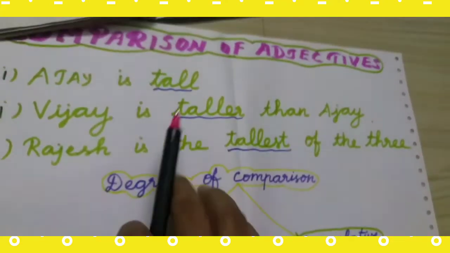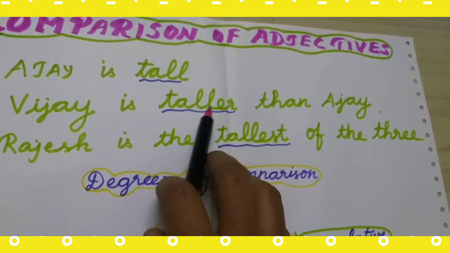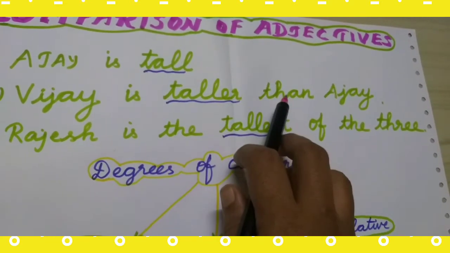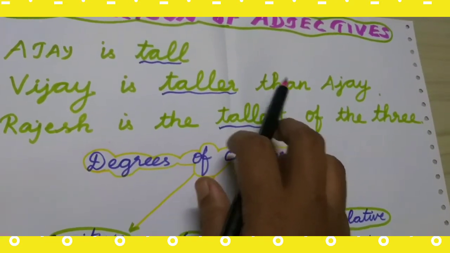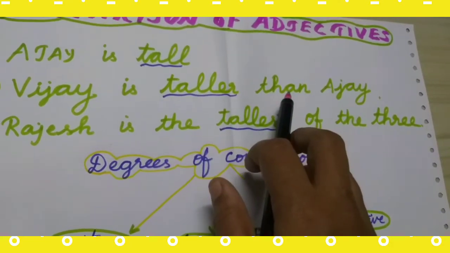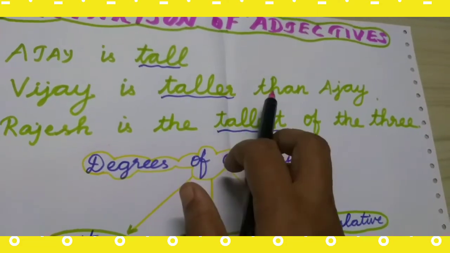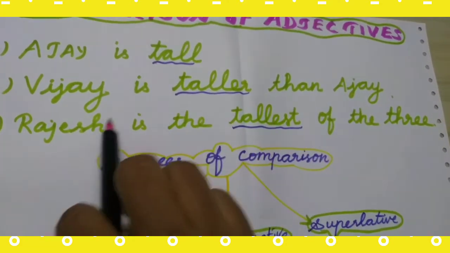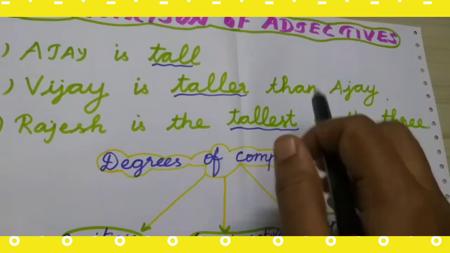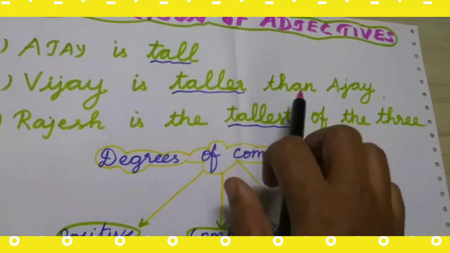Another thing: when er comes, that means in the comparative degree, than must come. When we use er, you must write than also. Don't write est with than. Rajesh is tallest than, that is wrong. Vijay is taller than Ajay.